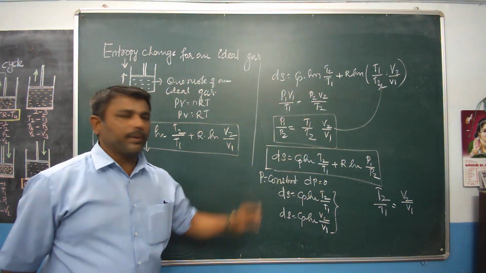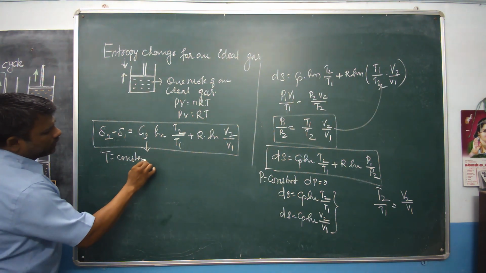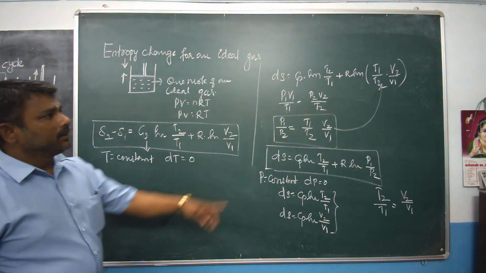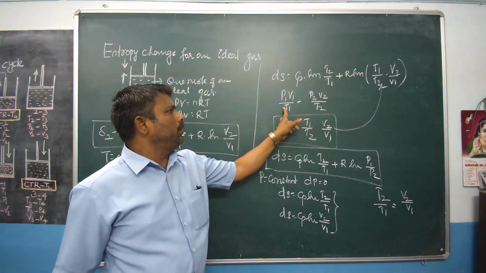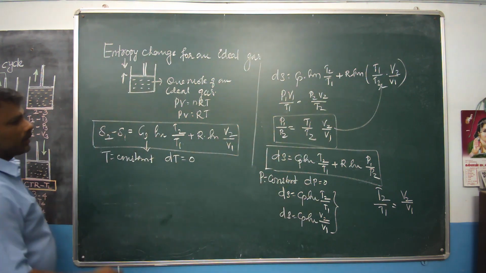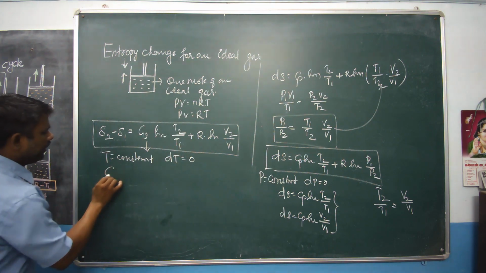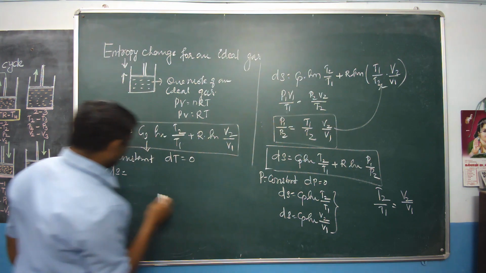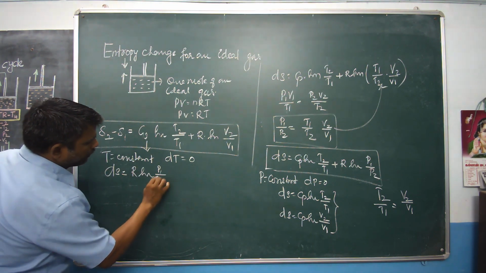Next one is the constant temperature process. When temperature is constant, the change in temperature dT is equal to 0. Again, P1 V1 by T1 is equal to P2 V2 by T2. T1 is equal to T2, hence P1 V1 is equal to P2 V2. Now in this equation, when temperature is constant, this term will be eliminated. The remaining term is R ln P1 by P2.